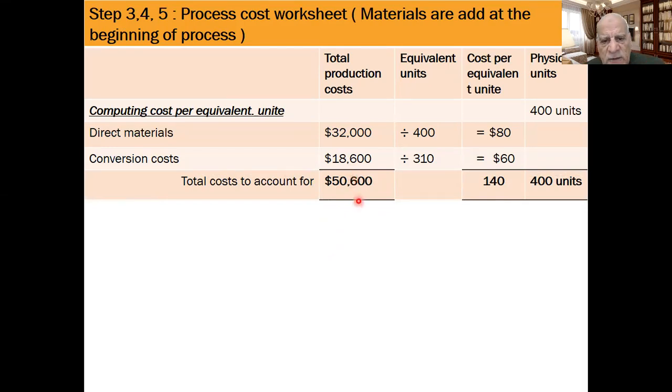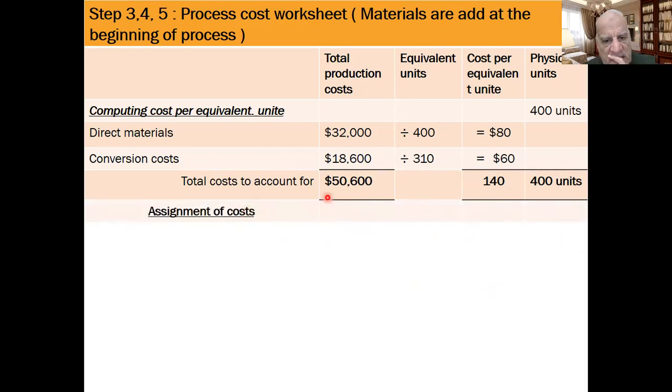Assigning this to the two parts of the output. Assignment will be done by multiplying the cost of equivalent unit by each number of equivalent units of the completed or the uncompleted units, as we will see now.